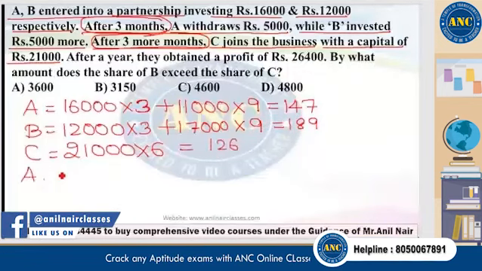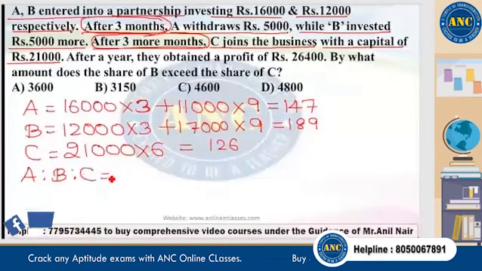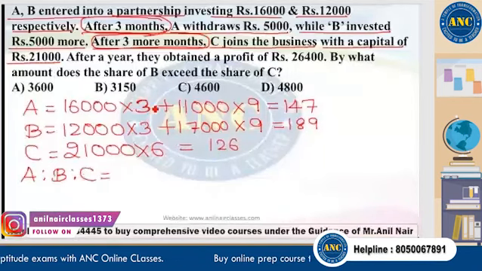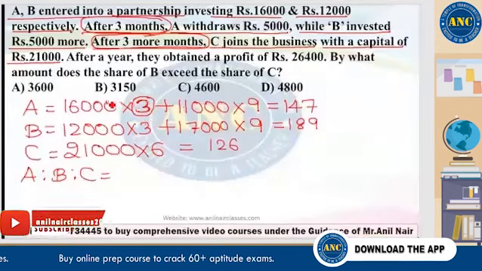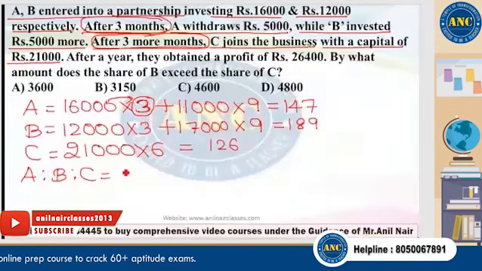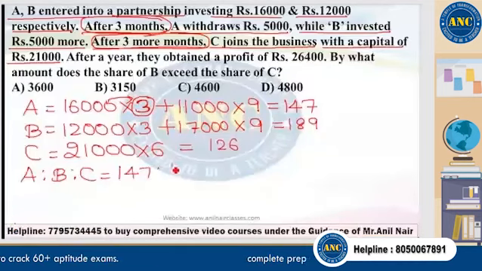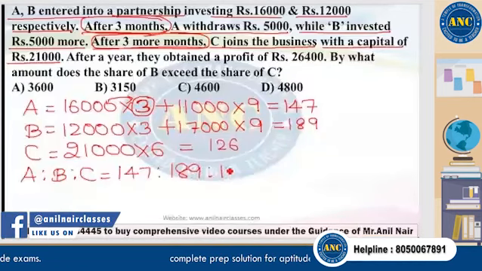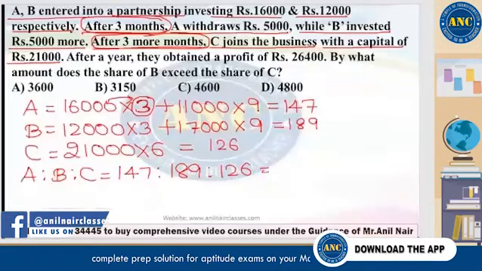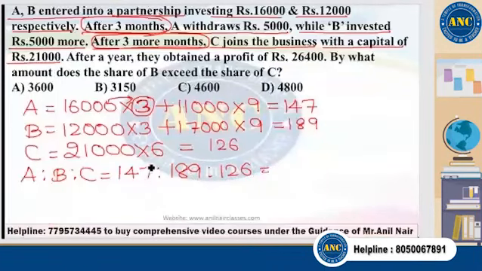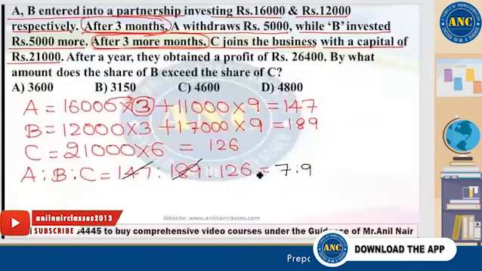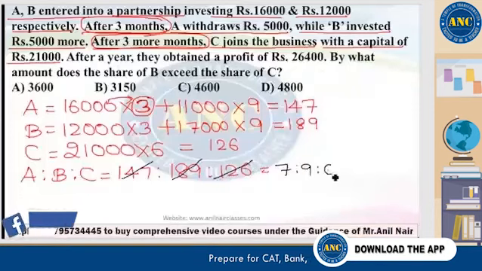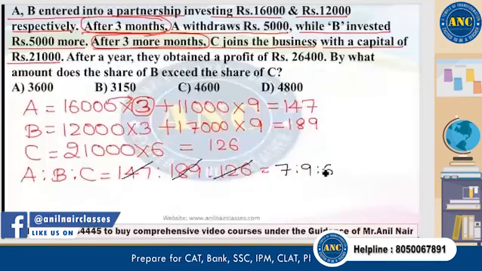So the investment ratio of A, B and C, which is also nothing but equal to profit ratio right now, because I already multiplied investment into time period. So profit ratio is 147 is to 189 is to 126. This can be further simplified because 21 into 7 is 147, 21 into 9 is 189 and 21 into 6 is 126.